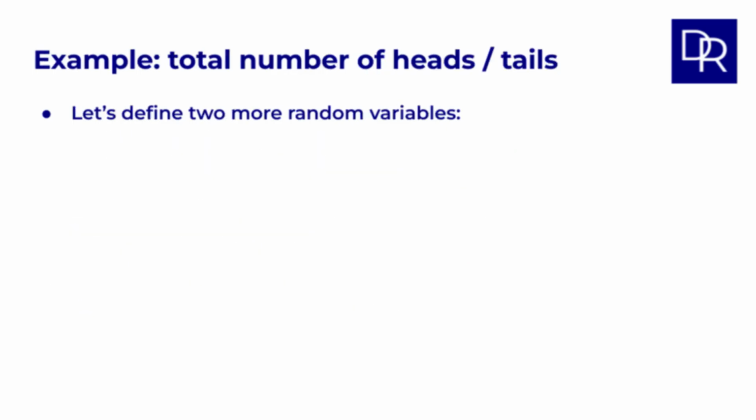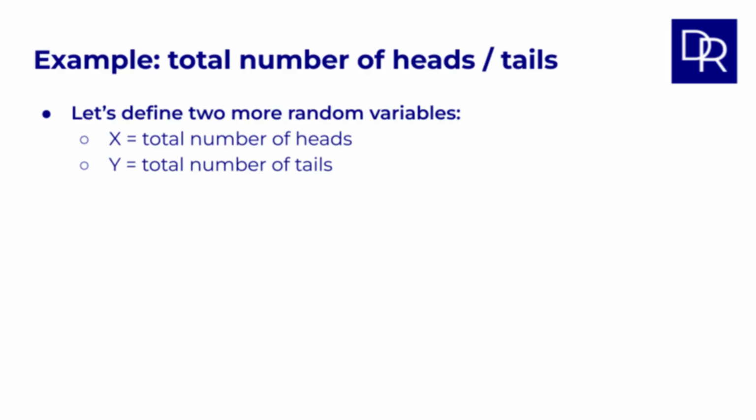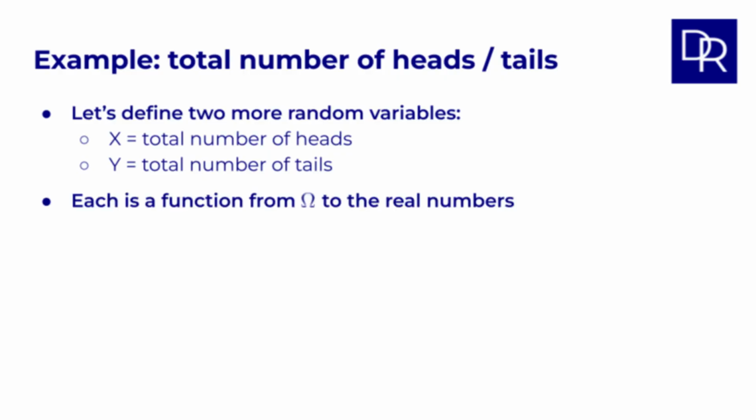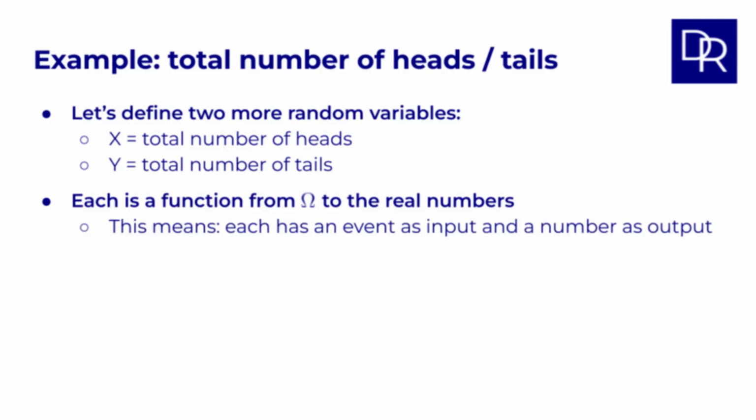Let's define 2 more random variables. X is the total number of heads, and Y is the total number of tails. Each is a function from the sample space omega to the real numbers. This just means each of these random variables takes an outcome as an input and has a number as an output. X is the total number of heads from 3 coin tosses.